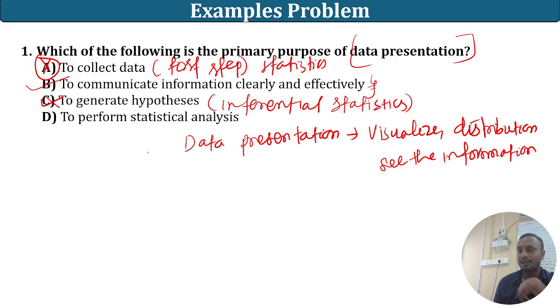Then, to perform the statistical analysis, okay, the data we have collected. Eventually our main aim is to perform the statistical analysis to give any statement or conclusion about that data. But in data presentation, the aim is not to perform the statistical analysis, only to visualize or provide the information effectively and clearly. So for this question, the primary purpose of data presentation will be to communicate the information clearly.